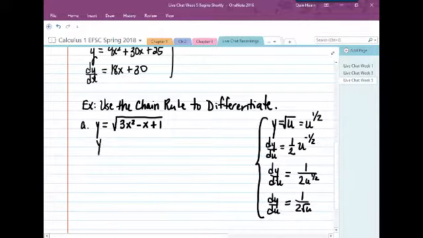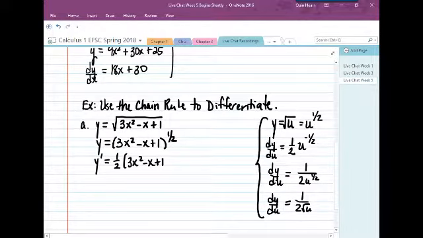So first we rewrite it algebraically as (3x squared minus x plus 1) to the 1/2 power. And then to take the derivative, we're going to take the power out front, leave the base the same, subtract 1 from the exponent, and then multiply by the derivative of what's inside, 3x squared minus x plus 1.